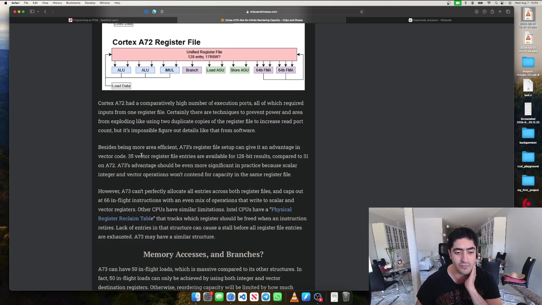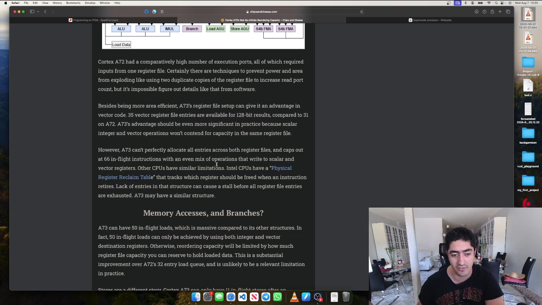A73's advantage should be even more significant in practice because the scalar integer and vector operations won't contend for capacity in the same register file. However, A73 can perfectly allocate all entries across both register files and caps out at 66 in flight instructions, with an even mix of operations that write to scalar and vector registers.